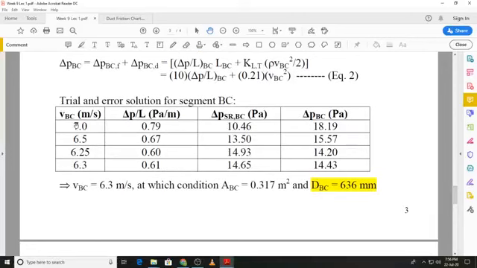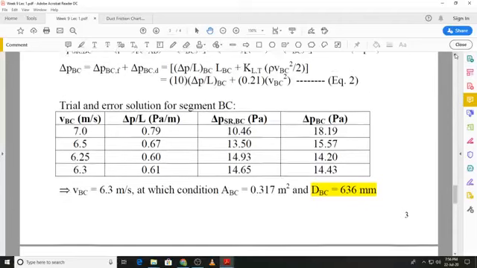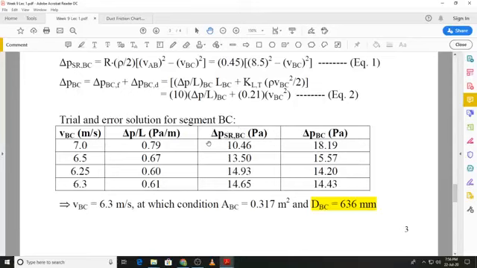You can see that I have guessed a value of 7 meters per second in duct segment BC, and we know the volume flow rate in that segment, that is 2 cubic meters per second.